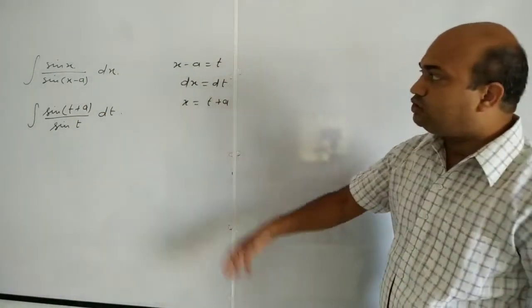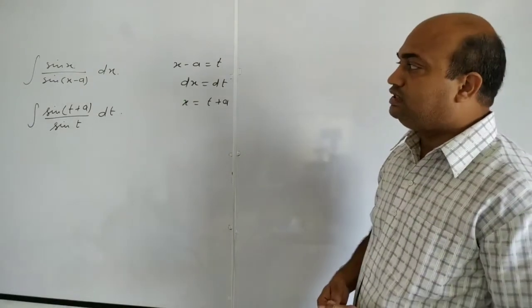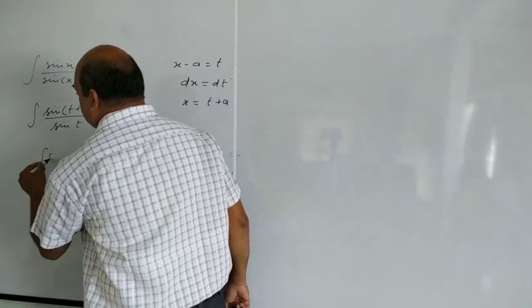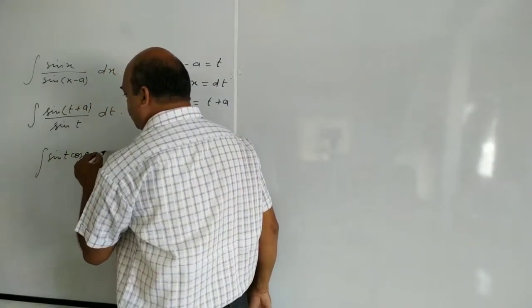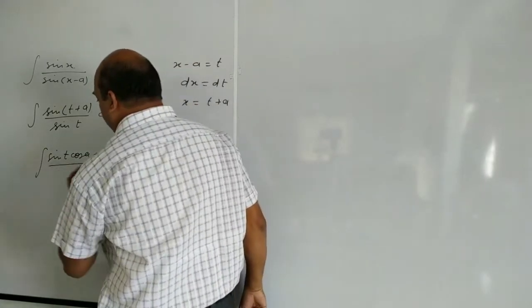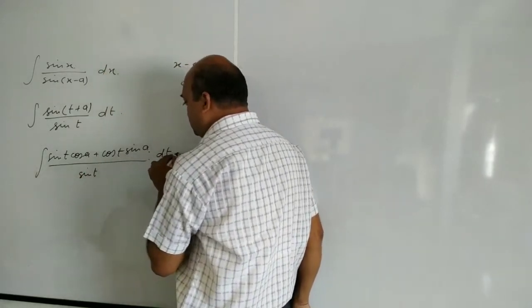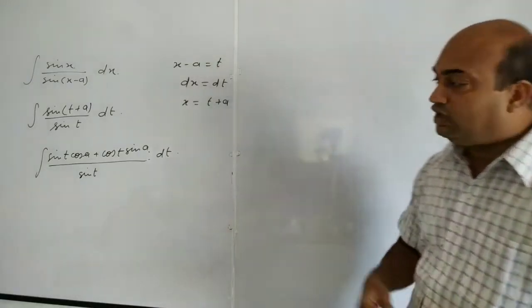Now in the numerator we apply the formula of sin(a plus b), that will be sin a cos b plus cos a sin b. So it will be sin t cos a plus cos t sin a, and the denominator is sin t dt. We will solve it in the same way.